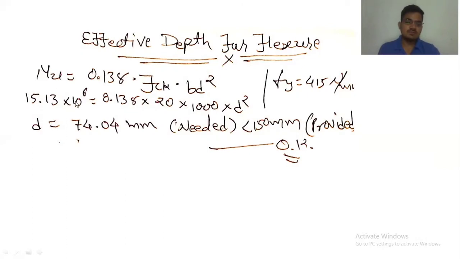Notice here I am providing all the values in Newton and mm only. fck is M20 grade concrete, so fck is 20. B for 1 meter is 1000. By substituting these values, our required effective depth is 74.04 mm. But my provided effective depth is 150, which is much greater than this required value. So it is safe for flexure.